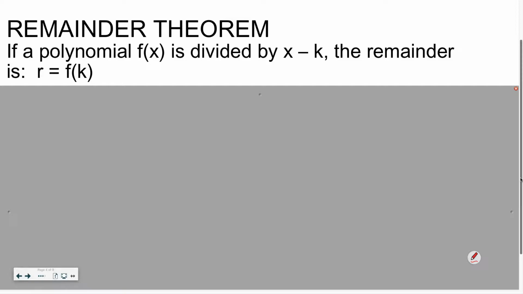So when we divide by x minus k, the remainder is the function value at k.